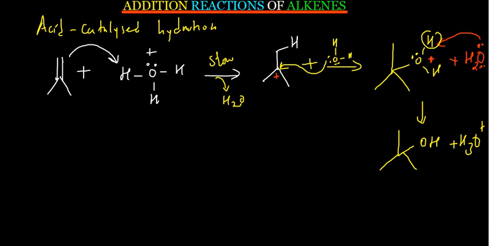So this is the mechanism that gets to happen, and this reaction also gets to obey Markovnikov's rule, and it is a very useful method of preparing alcohols. And so we can see we started with an acid. At the end, an acid is still regenerated, but we've transformed the substance from being an alkene to being an alcohol, and this is an equivalent alcohol.